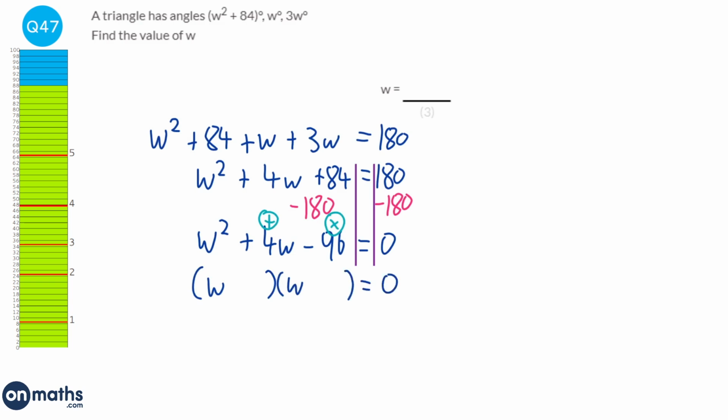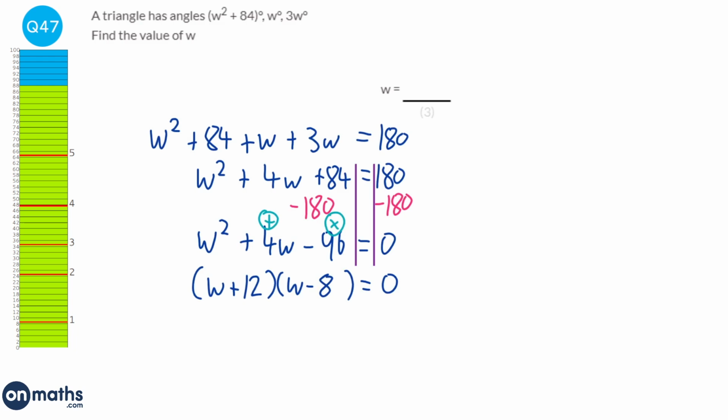And it's going to be a positive and a negative to get that negative there. 96 is 12 and 8, so let's have a think. It'd have to be a positive 12 and a negative 8 to add together to make a positive 4. And 12 times minus 8 is minus 96.